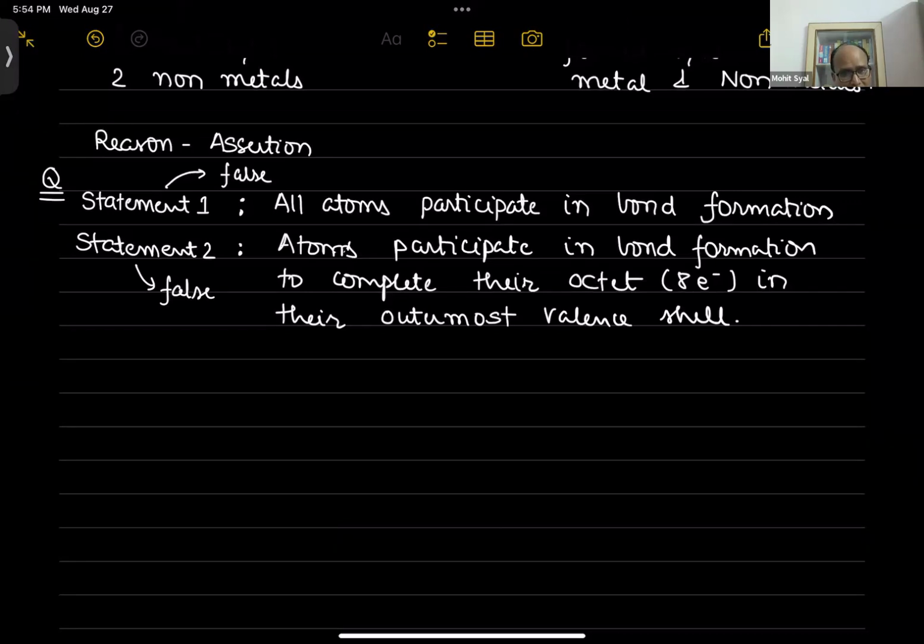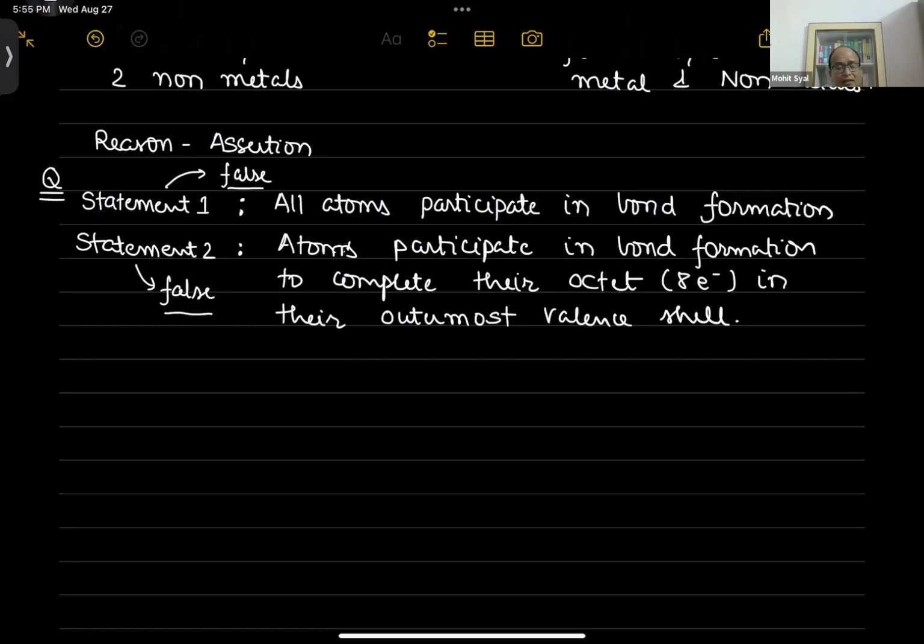There are many molecules which are formed where the octet is not completed. This is generally true, there are many examples, but if something has many examples, that doesn't mean it is always true.